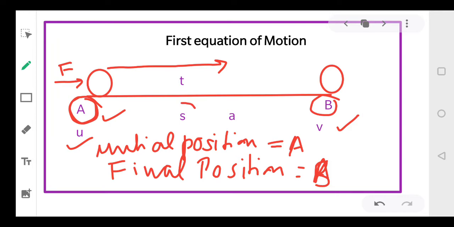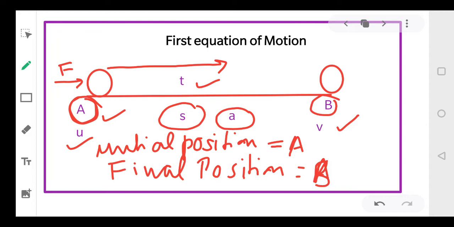It has covered a distance of S. Now this distance is your S, okay? And it has taken time T to cover this distance. Since the velocity has changed, in the beginning the velocity was U, now the velocity is V. So an acceleration is produced in the object.